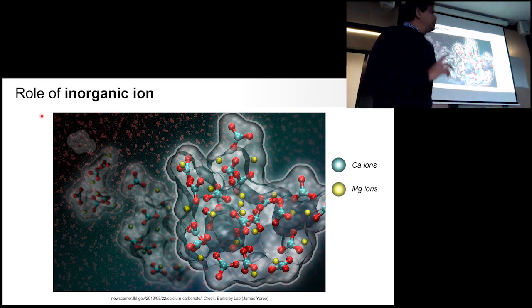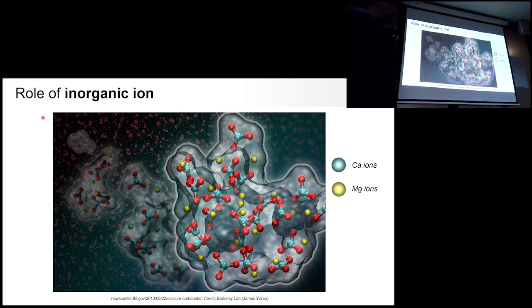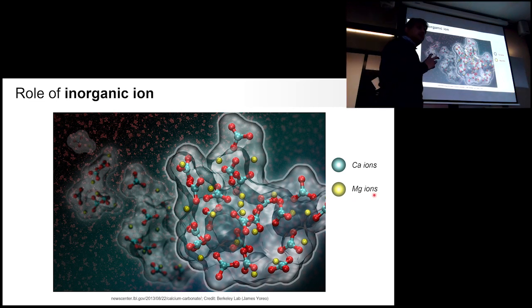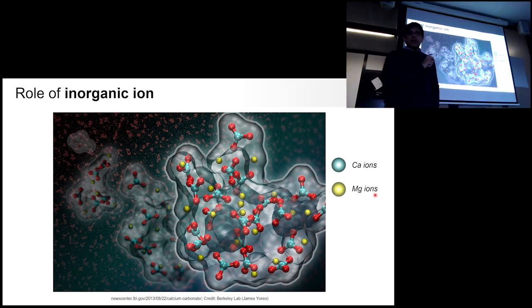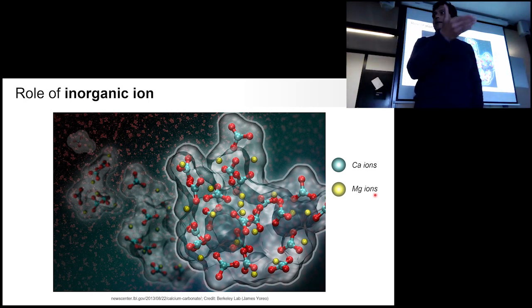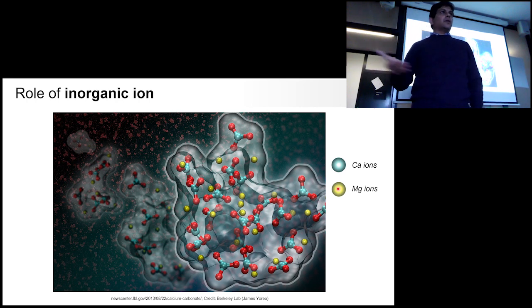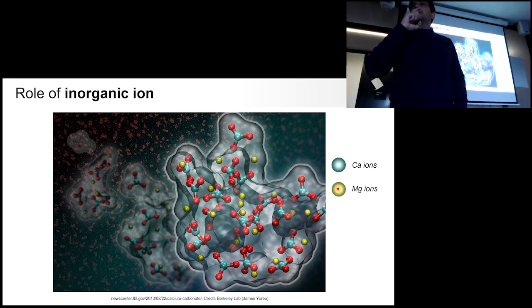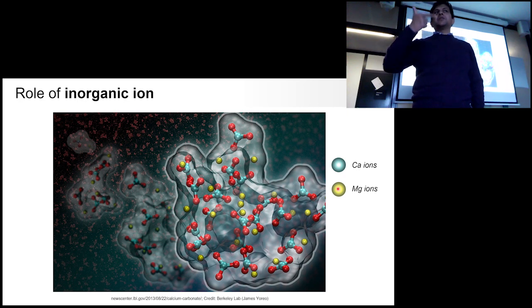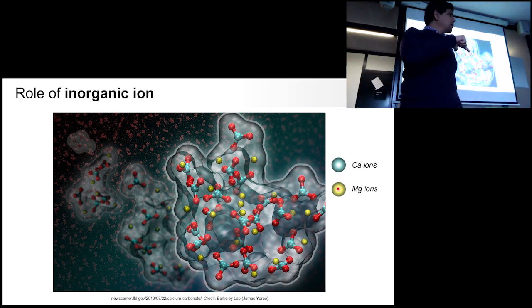Besides that, magnesium is also a very important entity in this crystallization process, because seawater contains magnesium. A lot of rocks have magnesium, and we see that magnesium results in the precipitation of aragonite rather than calcite.